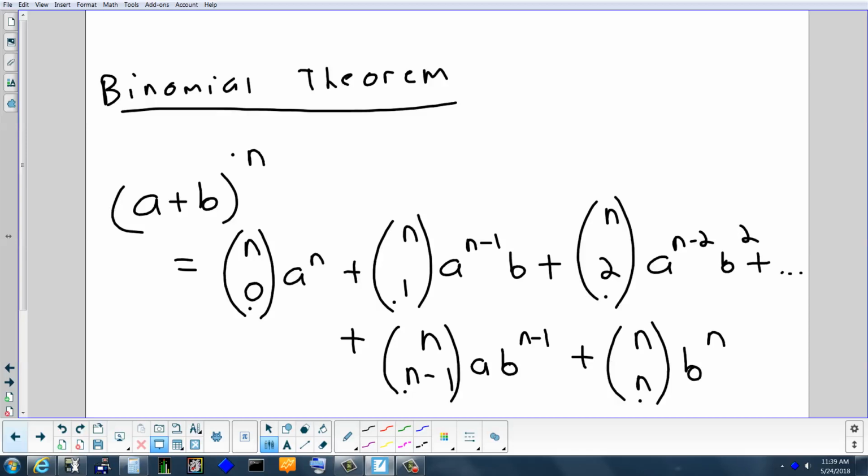The row and the column are the same. The a's start at the highest power and go down. The b's don't have any b's to start, and the exponents go up. So that's all I've done, is just write out the binomial theorem kind of in general.